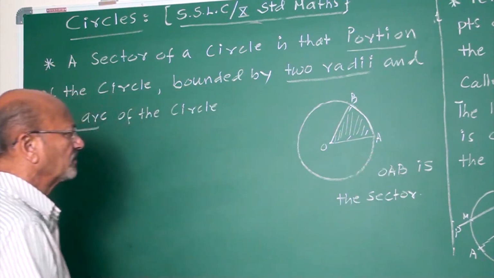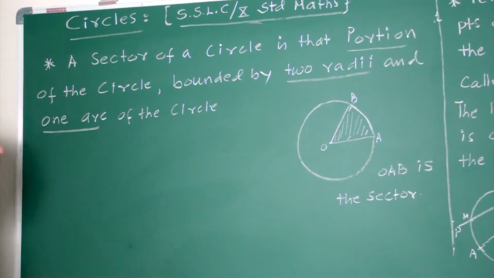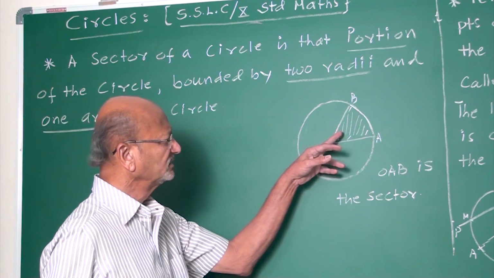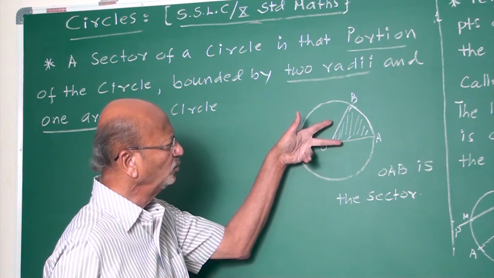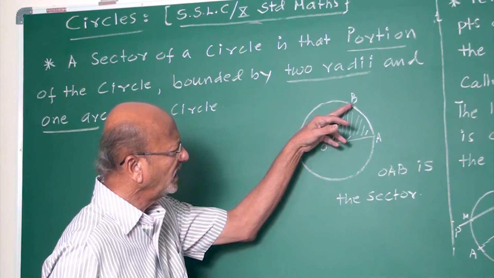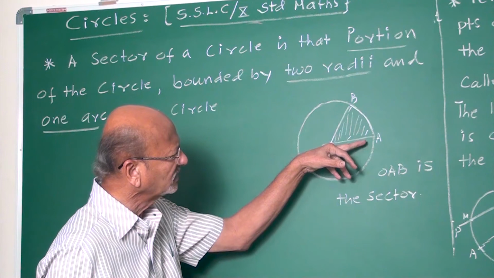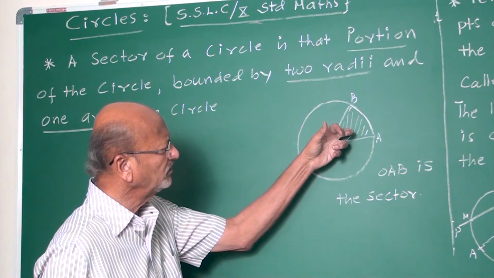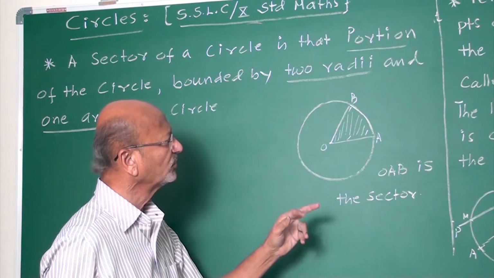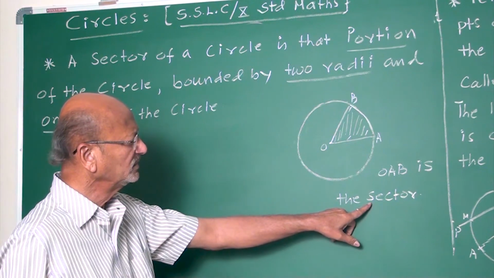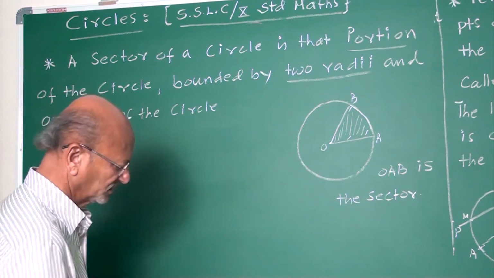I hope it is clear. This is the portion bounded by two radii, OA and OB, and one arc AB. Such a portion of a circle is known as the sector of the circle.